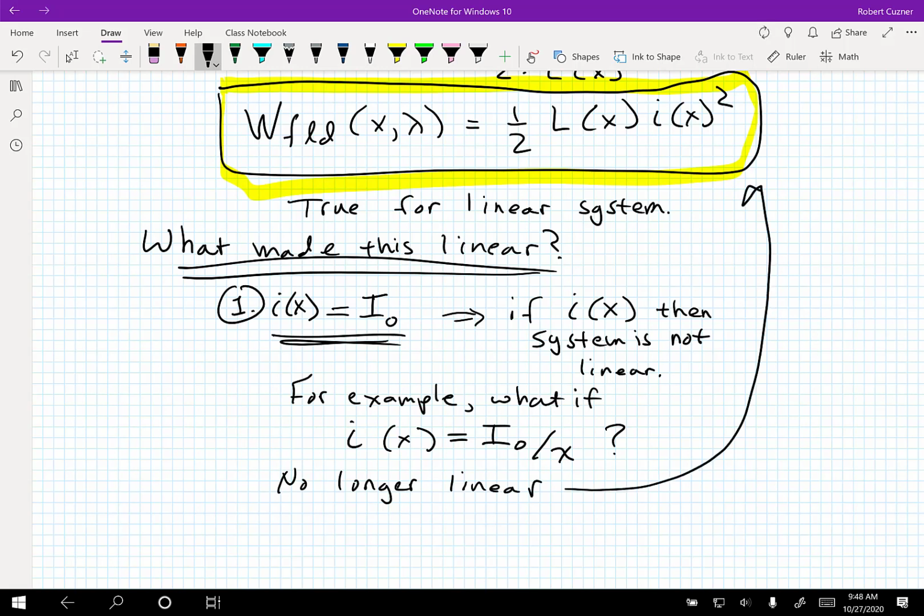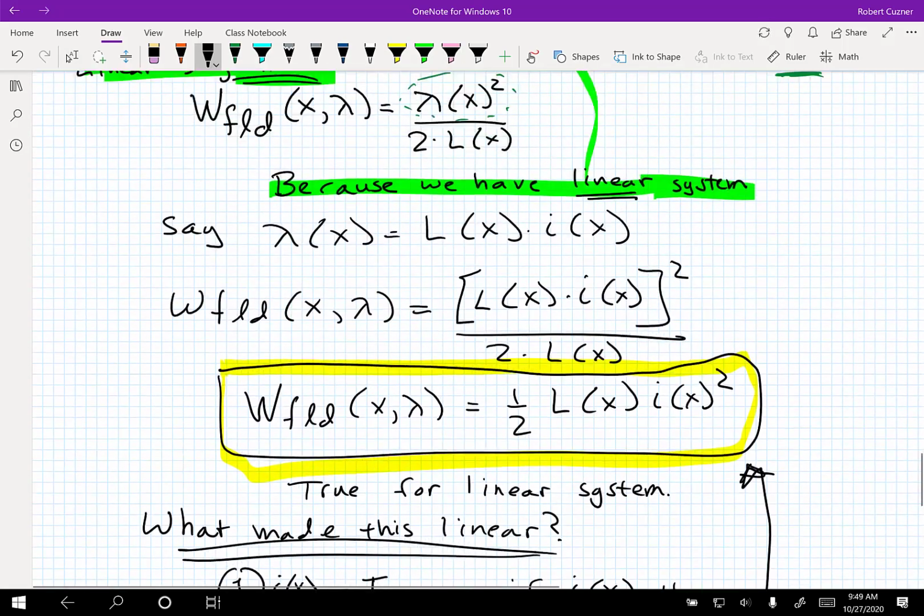And we can't use this. There's a very complicated example that the text goes through to show that. We're not going to take the time to do it in class if you're interested. But once we do the rest of the problem, we find the force, and you can go through and prove that you cannot use this expression.